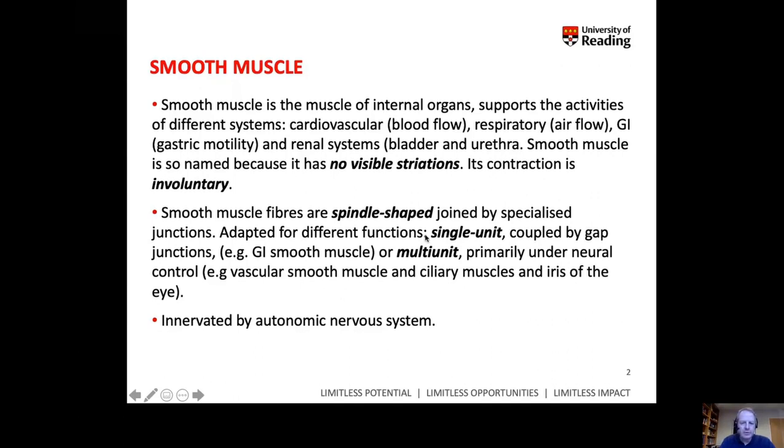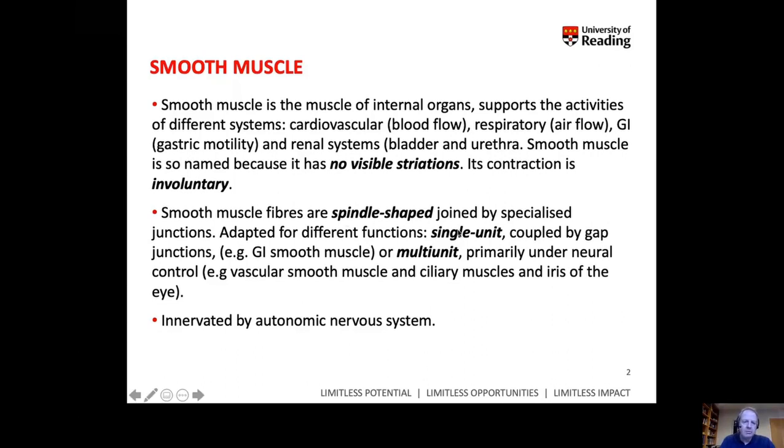Adapted for different functions. So maybe a little bit like we were talking about the motor unit in skeletal muscle. The motor unit could be small for fine control of a small organ such as the eye, or it can be very large when we're looking at the contraction of large muscles, and I think the example used was the quadriceps in the leg.